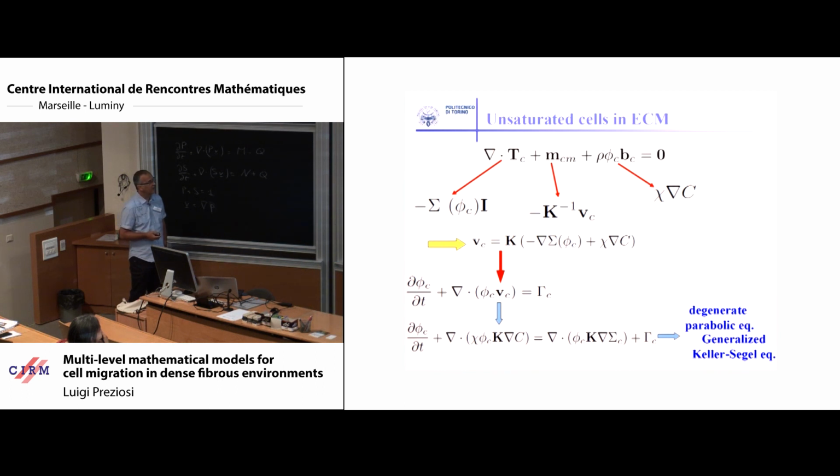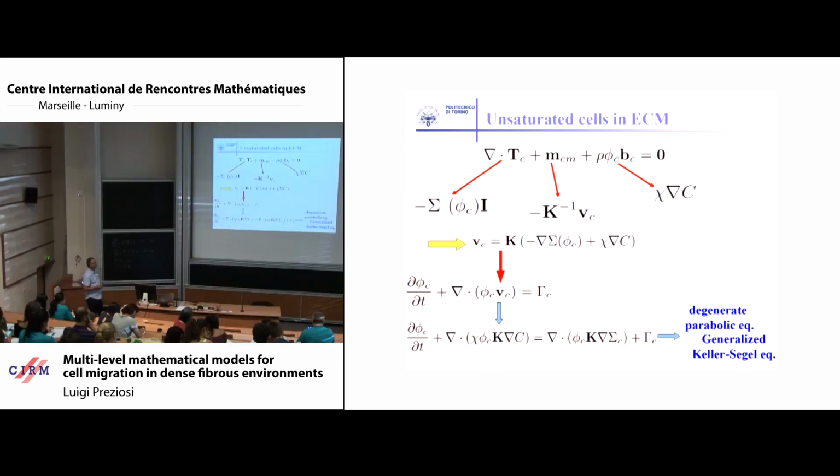Okay, it's a parabolic equation because this is a function of phi, nonlinear, degenerate because it has this phi c here. So the difference is that it has a boundary. If you start with a compact support, your solution will always have a compact support.